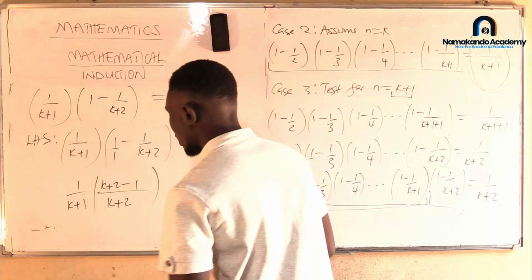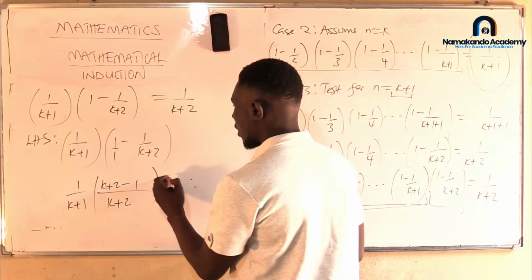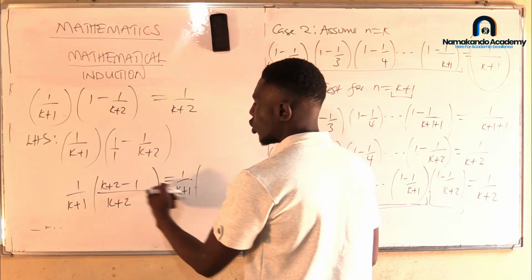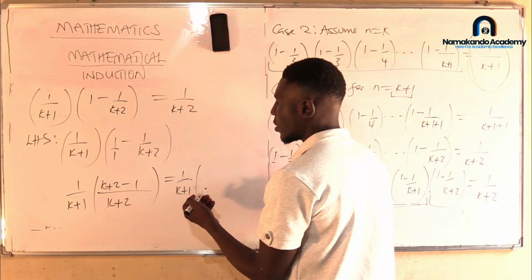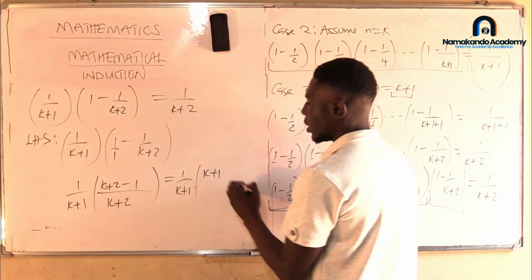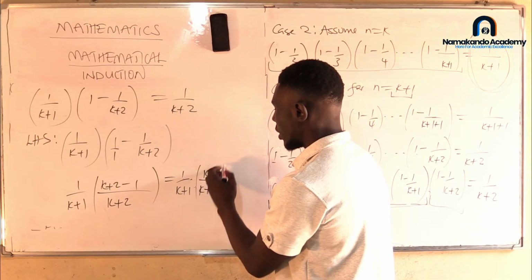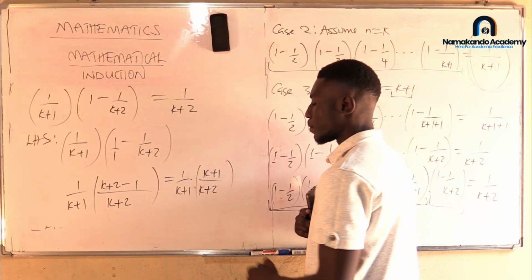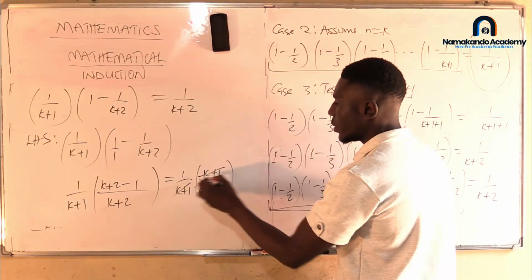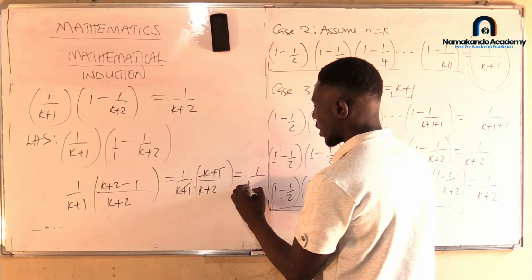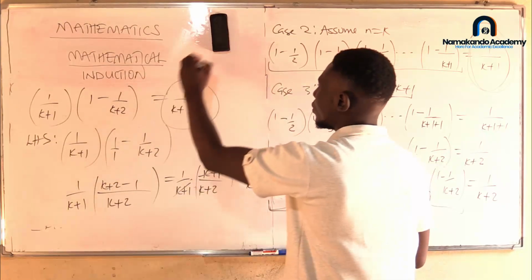So what do we have next? Next we have 1 over k plus 1 to multiply with. On top here, k plus 2 minus 1 gives us k plus 1, like this. Then you say over k plus 2. Now what will happen next is that this part and that part will cancel. They are the same. This gives us 1 over k plus 2, which you see to be the same as the right hand side.